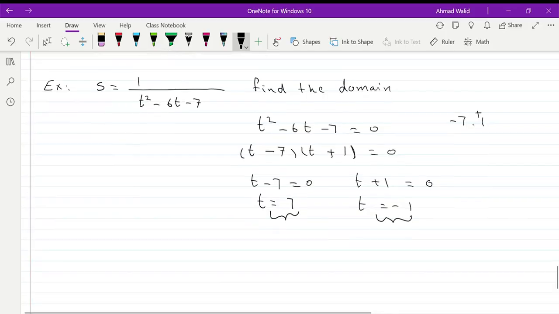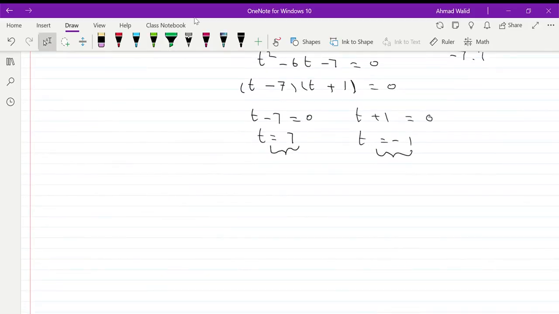To write the domain without making a mistake, I always recommend drawing this line. Some students try to avoid this. They want to just write, and sometimes they make mistakes. It's not a big deal. It takes a second or two to draw a line, put the numbers on it, and see clearly what your domain is, correct? Here negative 1, draw an open circle around it. Here is 7, draw an open circle around it.